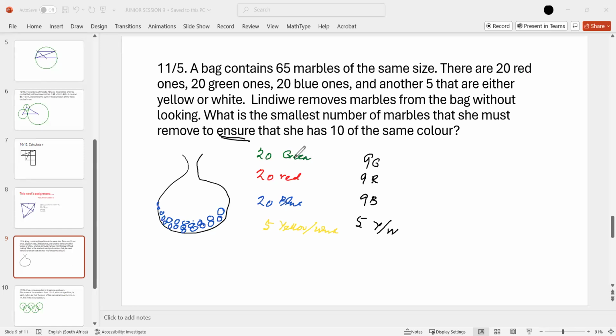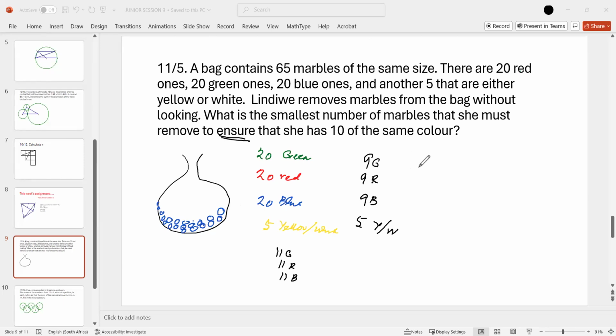The only ones that remain are 11 green, 11 red, and 11 blue. That's what she's left with in the bag. But the moment she puts her hand in the bag, she's going to take out either a green or a red or a blue, and then she's got the 10 that she's wanted.